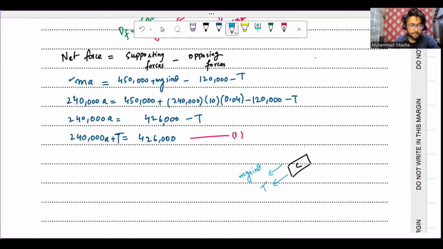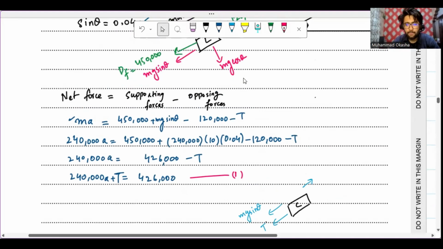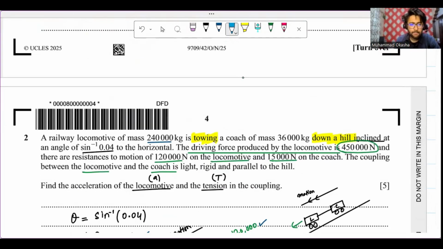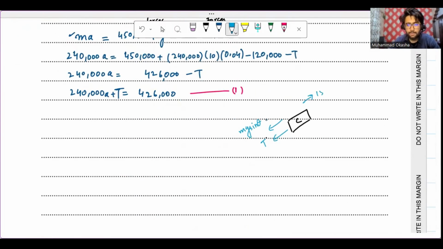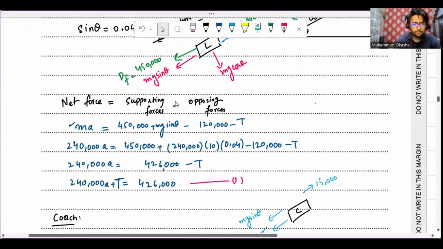And what's the force that is opposing the motion? The force that's opposing the motion is 15,000. These are the resistances to the motion, so backward is 15,000, right? Let's work for the coach.